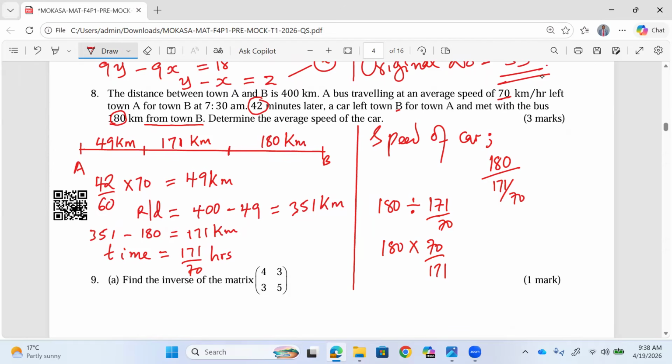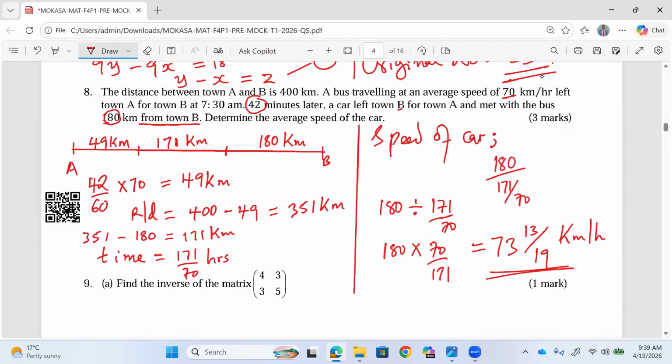This is now going to be 73 and 13 over 19 kilometers per hour. This is now the speed for the car.